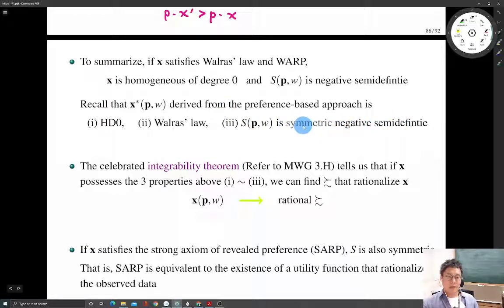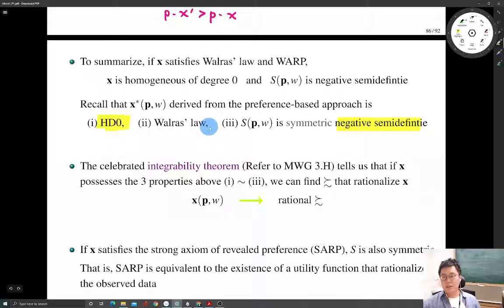This symmetric property comes from Young's theorem. By Young's theorem, the order of differentiation does not matter, so the two off-diagonal entries in the Slutsky matrix must be identical. But with WARP alone, we could not show this property, though we could recover the negative semi-definiteness.